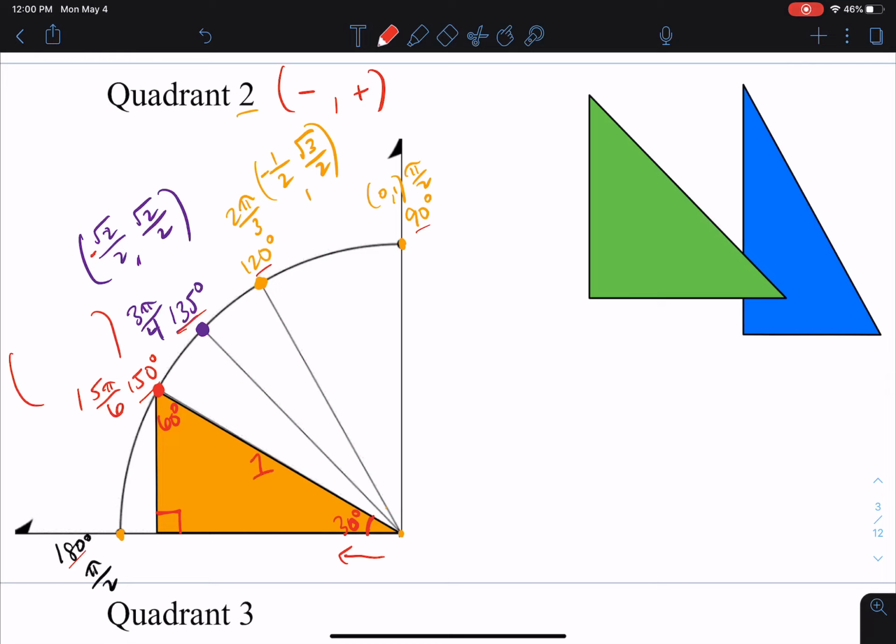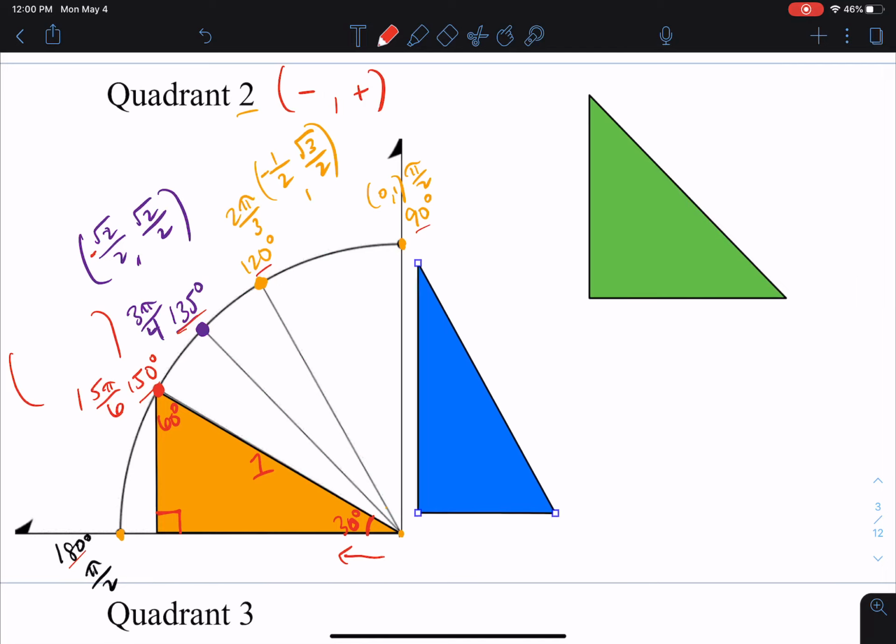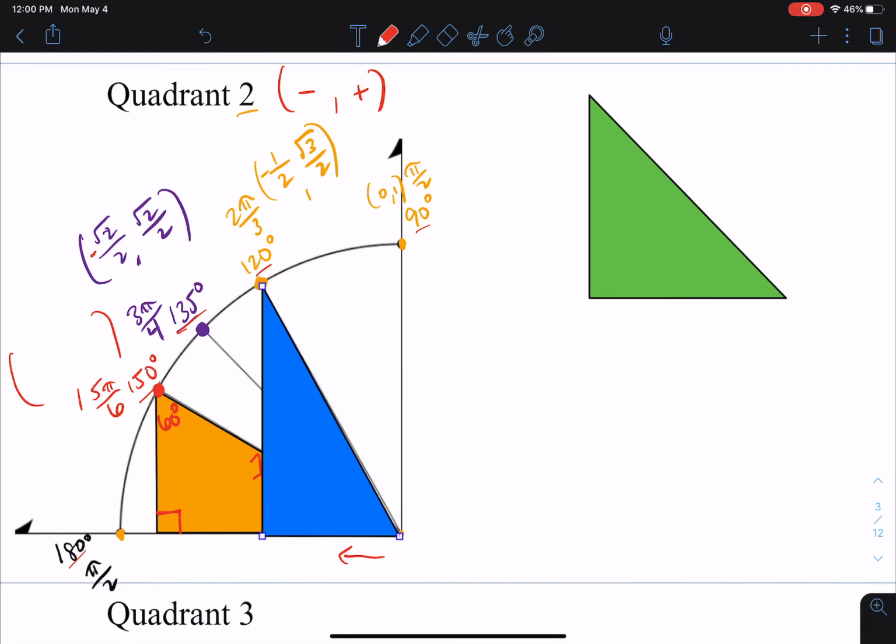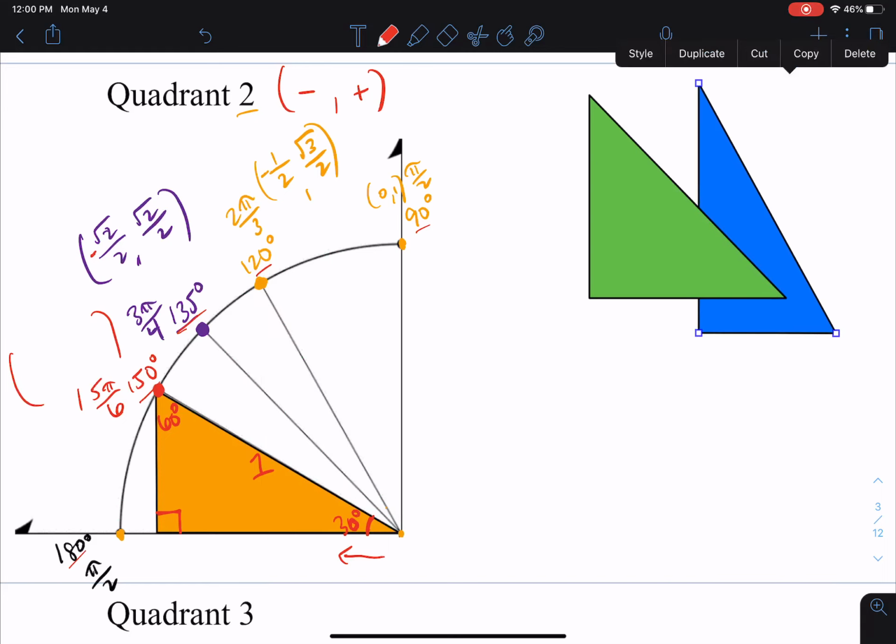And we know that this guy is 1. It looks a lot like this blue guy over here, just rotated or reflected. That's essentially what it is. We know that the side opposite of 30 is going to be half of the radius, so I'm going up 1/2.